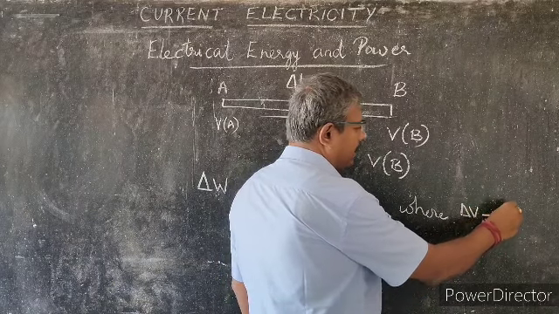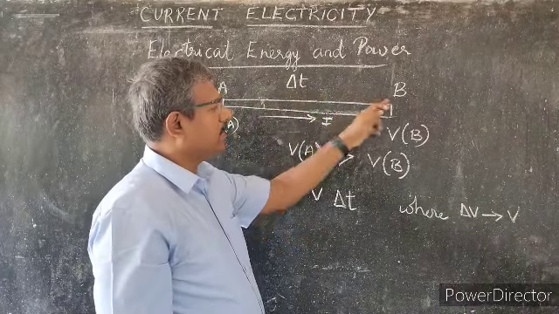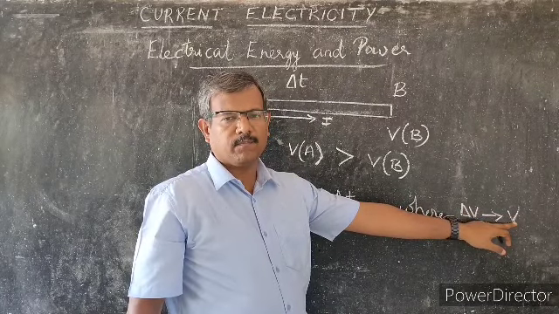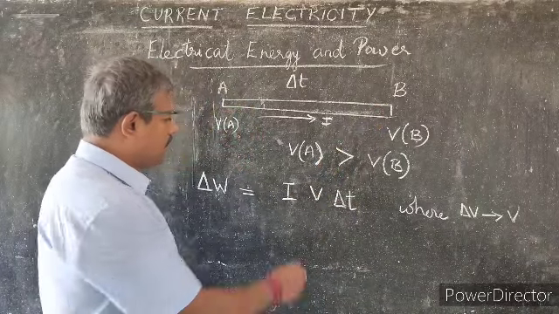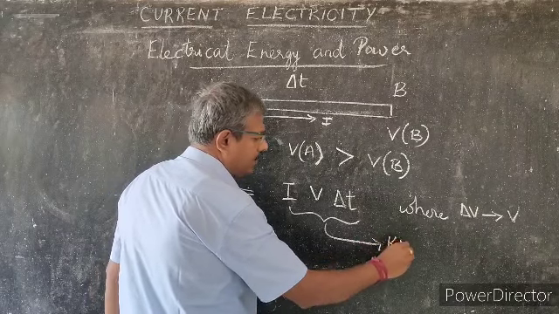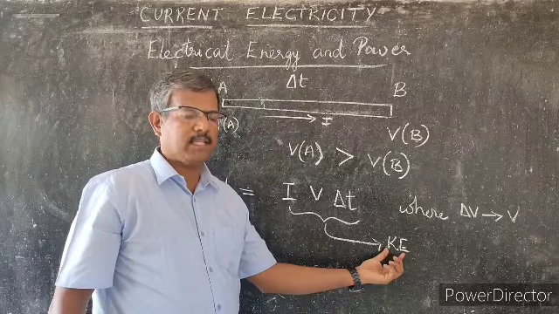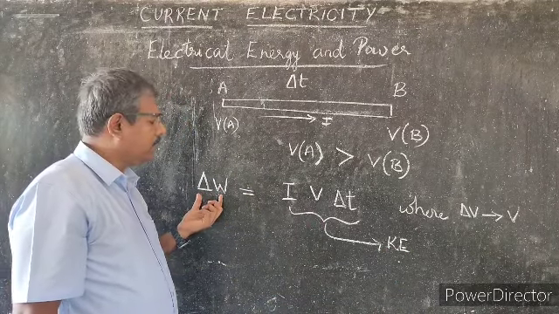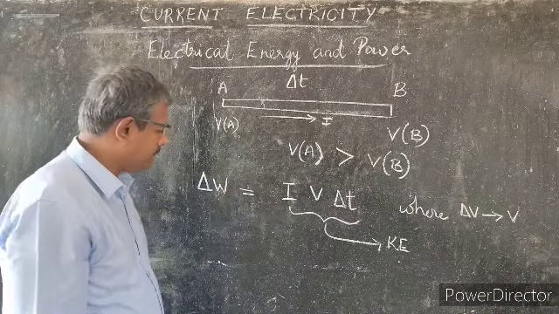delta V, I am replacing it with V because I assume that the voltage difference between these two points, which is delta V, is equal to the voltage across these two points. So this is the kinetic energy equation we got previously, and this is also the work being done in transferring the energy to the atoms.